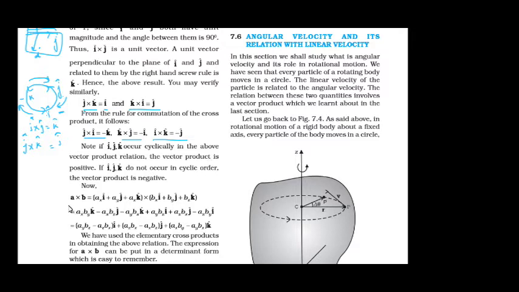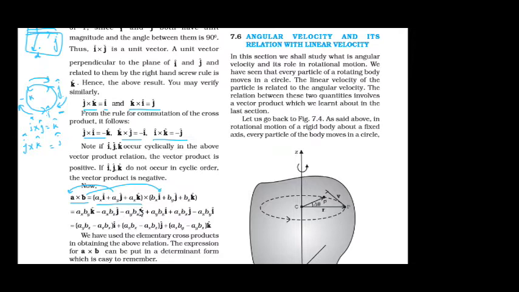So if we ultimately want to write a cross b, we can write a as axi plus ayj plus azk. This is a as a whole. b is bxi plus byj plus bzk.